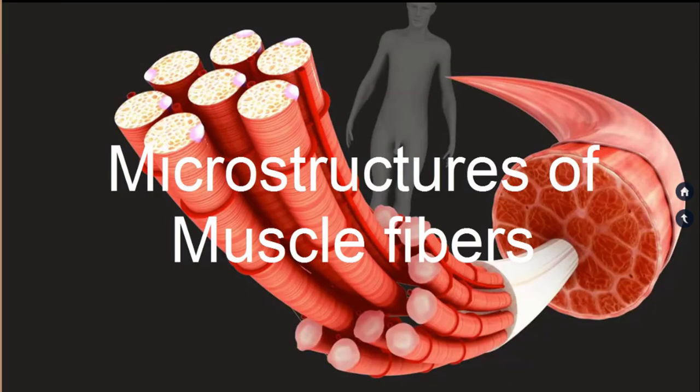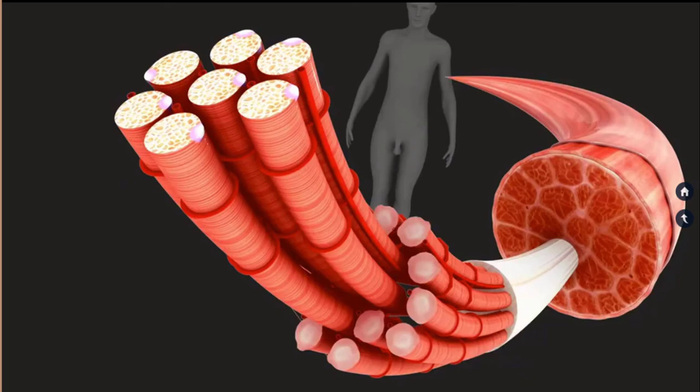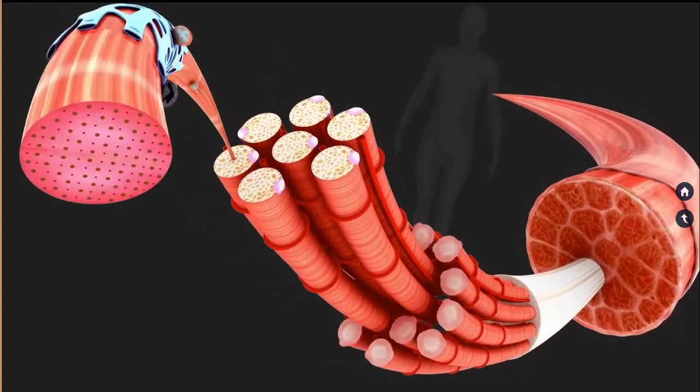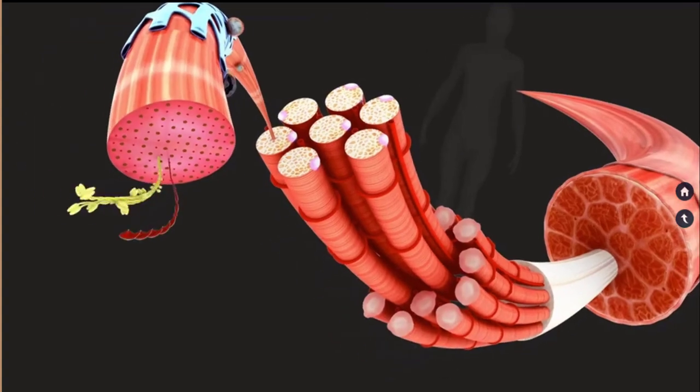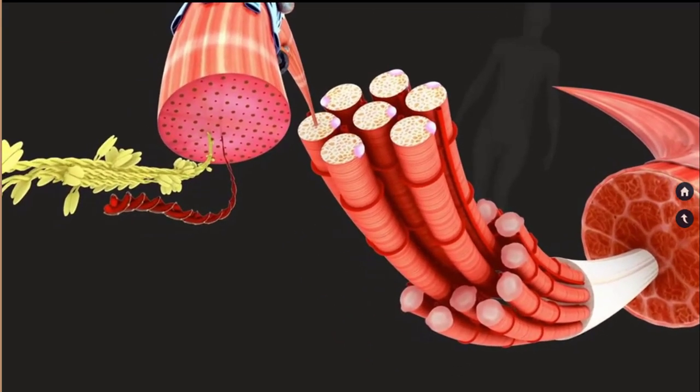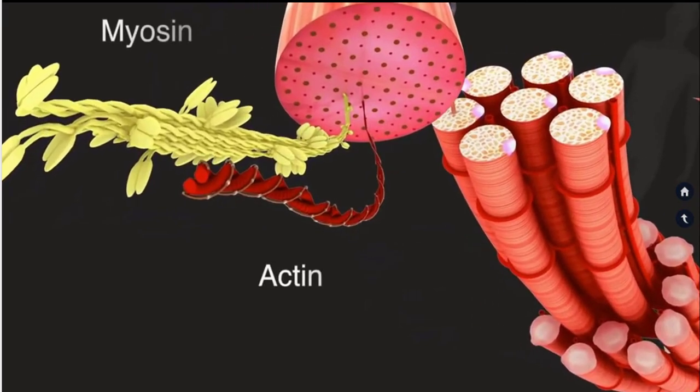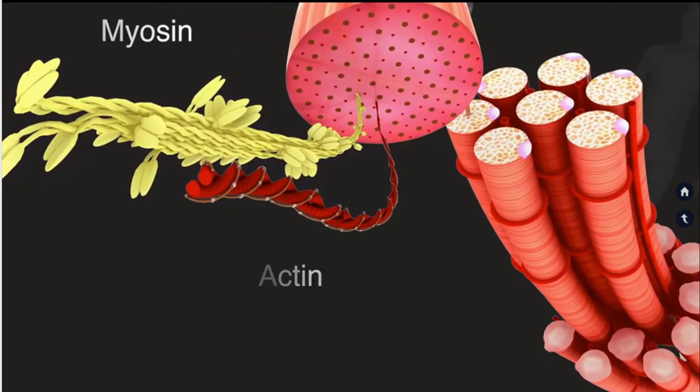Each muscle fiber itself contains cylindrical organelles known as myofibrils. Each muscle fiber contains hundreds or thousands of myofibrils, which themselves are bundles of proteins called actin and myosin. These run the length of the muscle fiber and are important in muscle contraction.